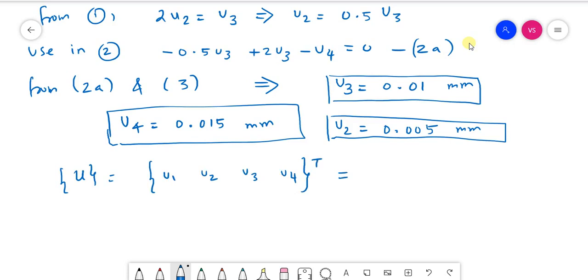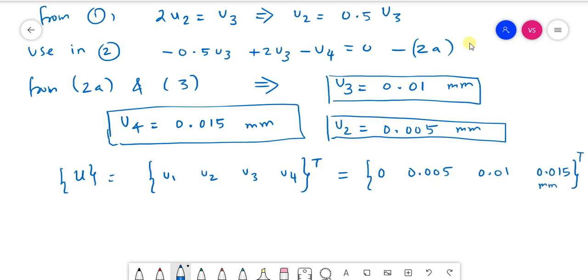Instead of writing as a column vector, I write it as a row vector and then use transpose. So this will be 0 because u1 is 0, u2 is 0.005, u3 is 0.01, and u4 is 0.015 millimeter transpose. Okay. This is the displacement vector we wanted to find.